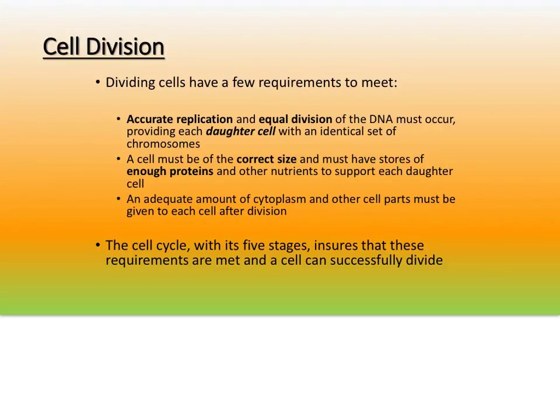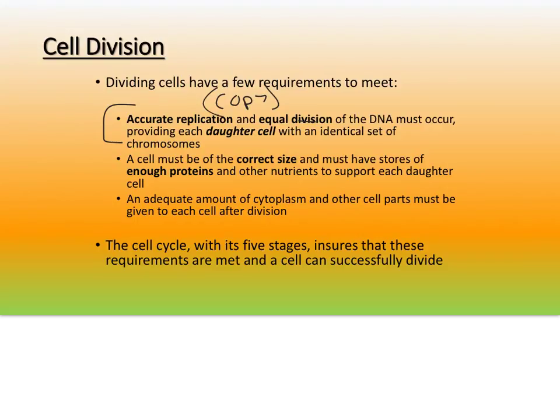Now, in order to actually divide, the cell has to meet a few different requirements. The first thing is that it has to accurately replicate, or copy, its DNA, and then divide that DNA equally between the two cells that we make. We usually call these daughter cells.